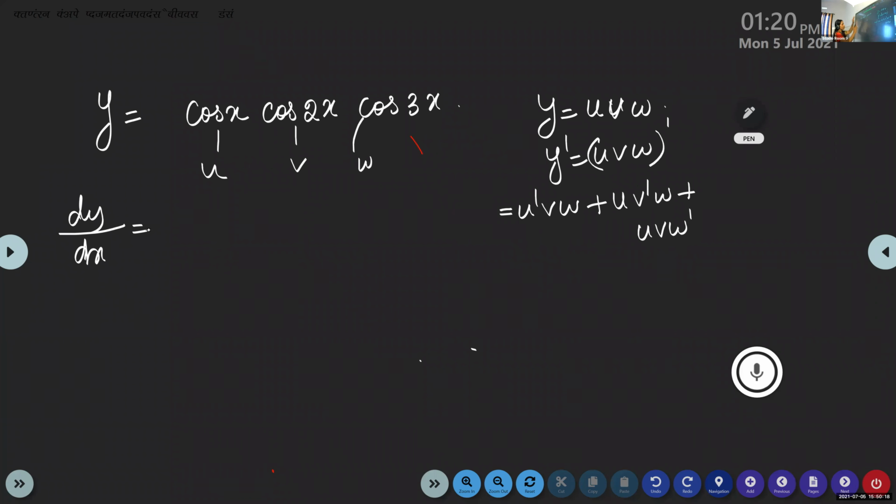First function, when you differentiate, what is the derivative of cos x? Sri Hari, give the derivative of cos x. Minus sin x, into the other two functions, which we keep as such, cos 2x, cos 3x. Plus, we keep the first and last function as such and differentiate the middle one.